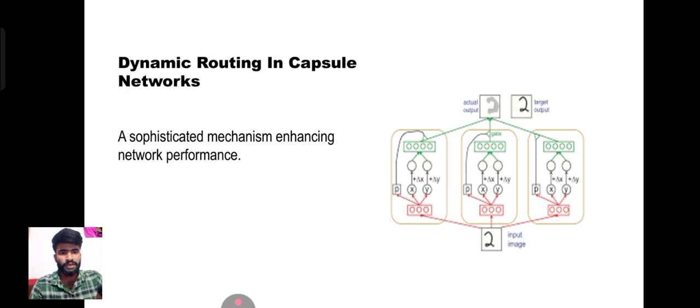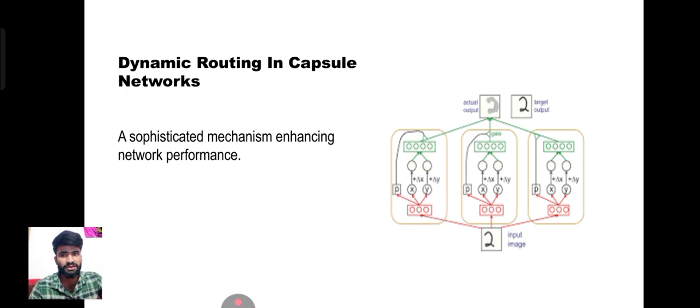Dynamic routing in capsule networks is a sophisticated mechanism enhancing network performance. Definition: Capsule networks (CapsNets) are an innovative neural network architecture designed to address some of the limitations of convolutional neural networks (CNNs), such as spatial hierarchies and viewpoint variations.